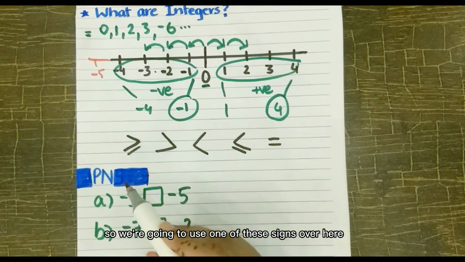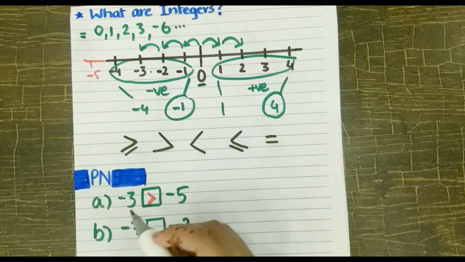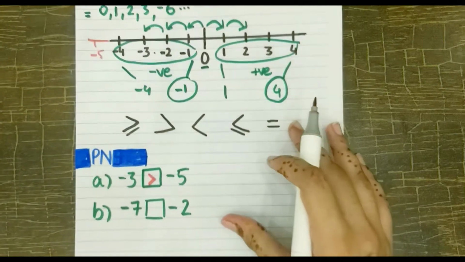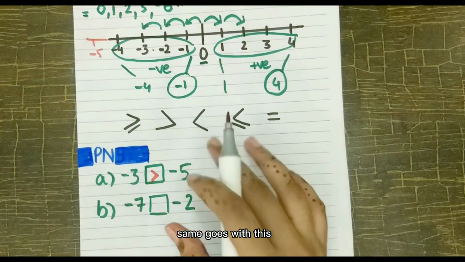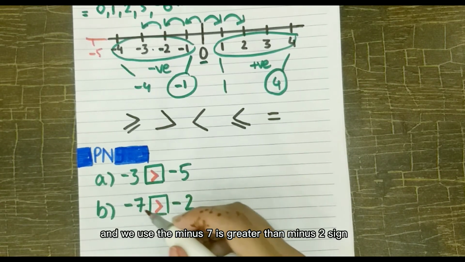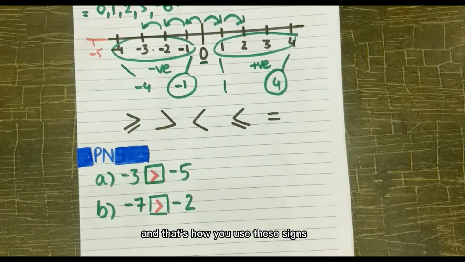So we're going to use one of the signs over here, the sign which tells us that -3 is greater than -5. Let's see the B part, which is comparing -7 and -2. Same goes with this, and we use the sign for -7 is less than -2. And that's how you use these signs in order to compare numbers on a number line.